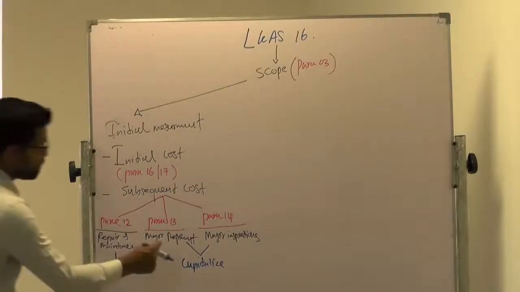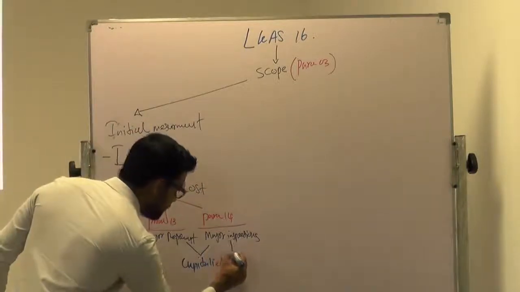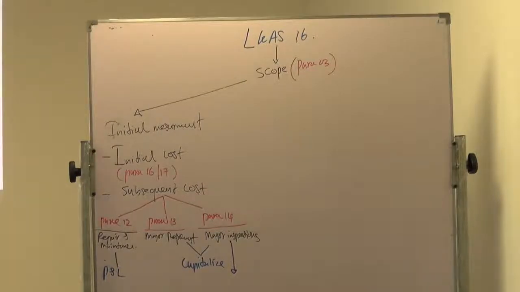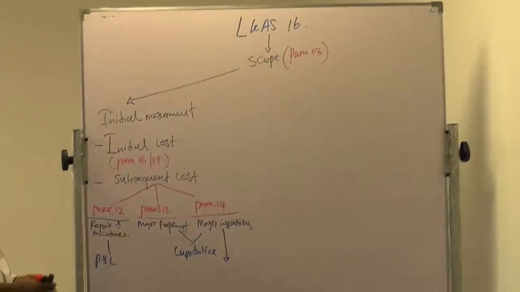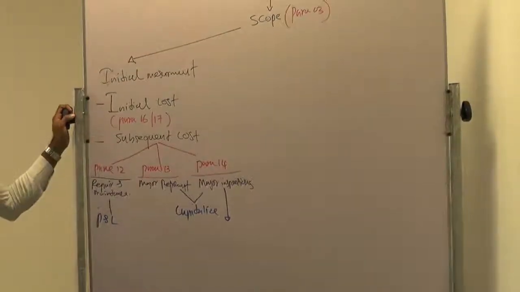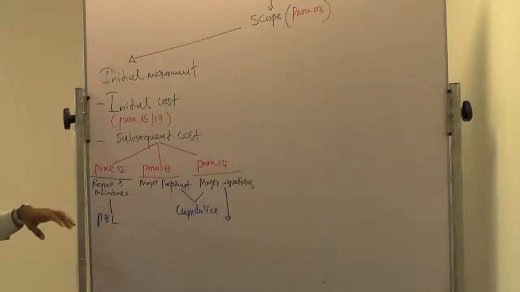Now, major replacement you are very much clear on. Examples you have: seats of aircraft, interior walls of a building; all these things you can capitalize. But when it comes to major inspection, I will give you a solid example, so take it down and you can easily understand, right. Let us say you have a machine to manufacture T-shirts. It is not a simple sewing machine where a woman sits in front of it stitching garments.